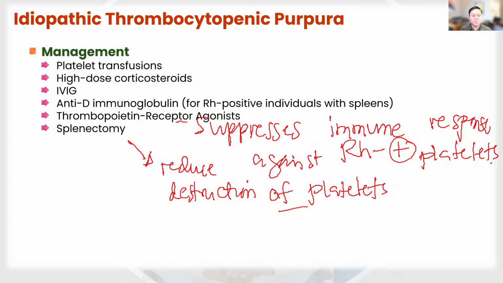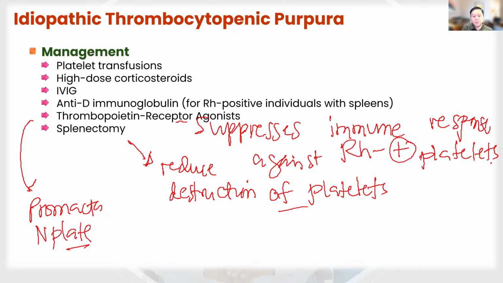Now let's go back to the thrombopoietin receptor agonist. We talked about this one when we dealt with thrombocytopenia earlier. And so we have the medications, the Promacta, we have the Nplate.